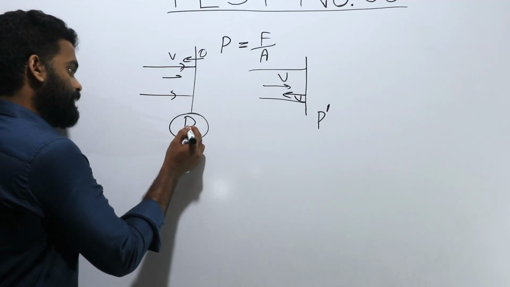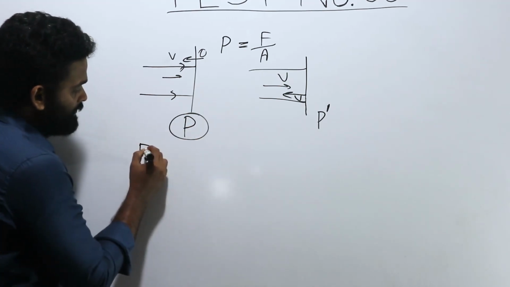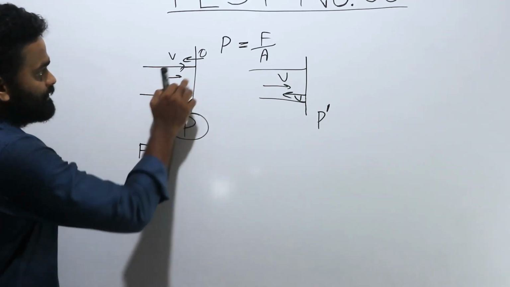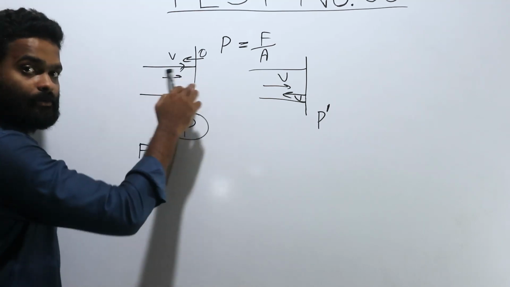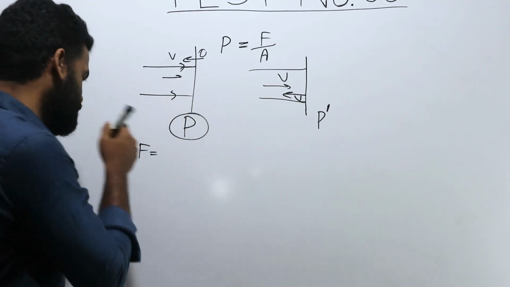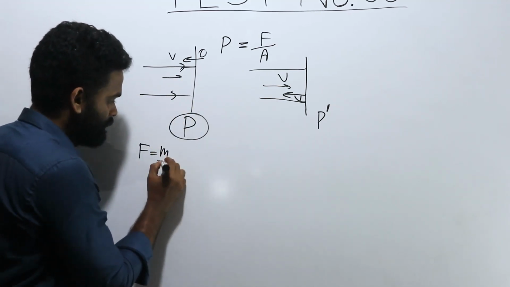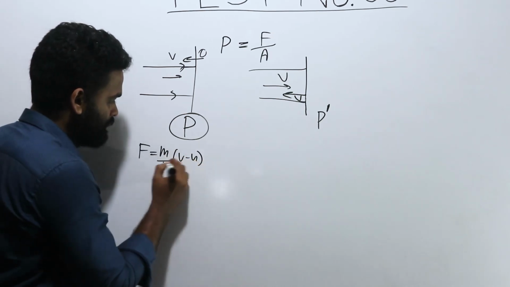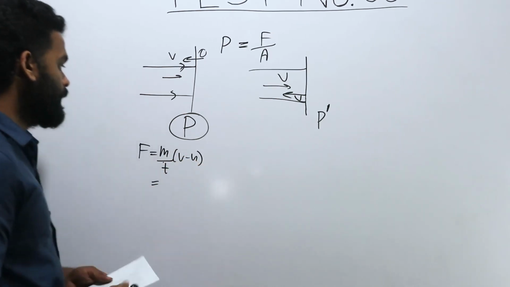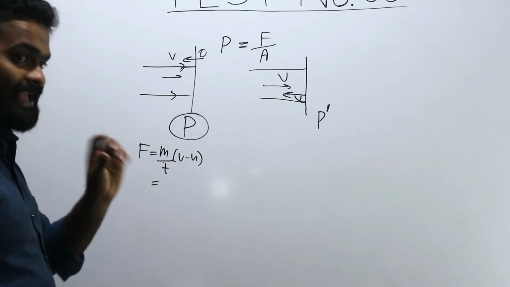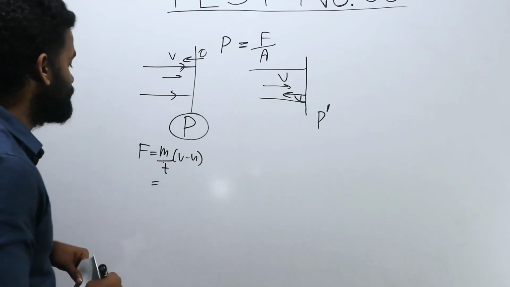So before finding the pressure, I need to get the force exerted on the wall by this liquid. For that, I'll just use this equation: M over T times (V minus U). M over T is the mass flow rate of the liquid.